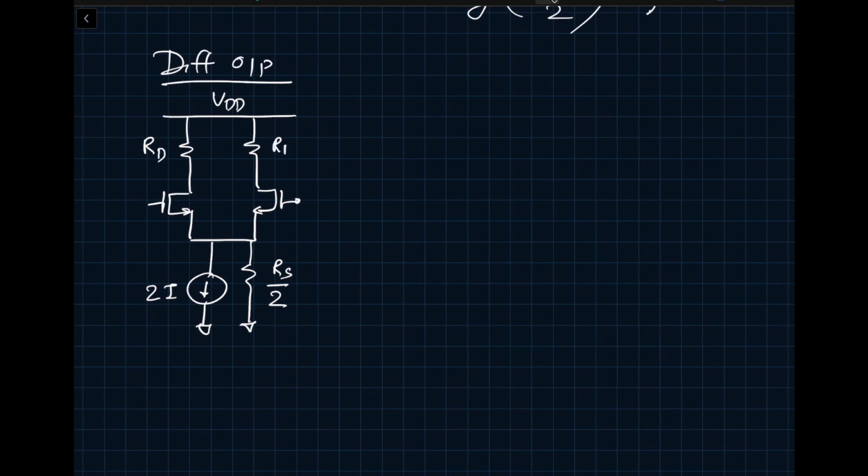So here we have RD and this is RD plus delta RD. So this is your VOP, this is your VON, and VIP and VIN, M1 and M2. If we consider the common mode output for both sides, let's see, VON divided by VIP, and this is only happening for a common mode signal, is equal to, what was the gain? If you remember, this was a source degenerated amplifier, right?